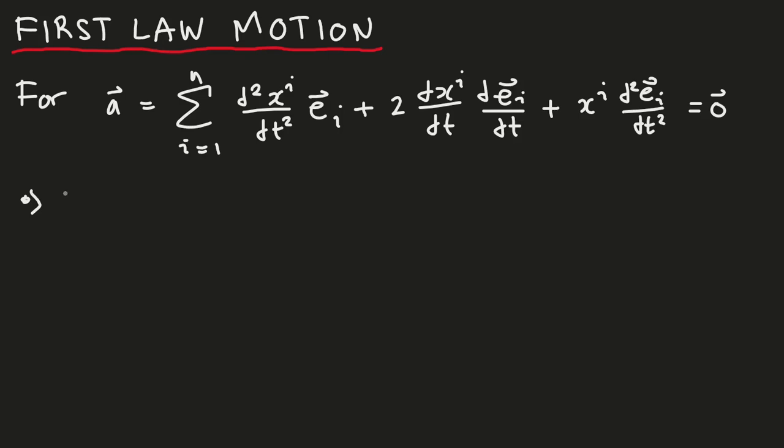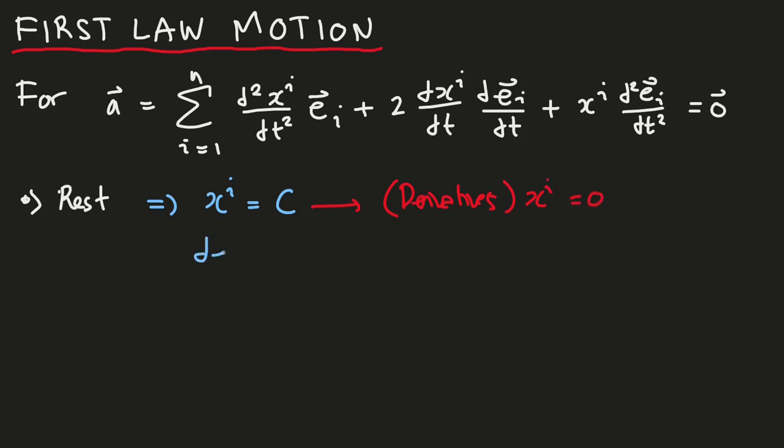Now I will divide the case of acceleration equal to the zero vector into two conditions. The first condition is at rest, where each component of the position vector is independent of time. So if the derivative operates on xi, it will result in 0. And the next is that the rate of change of the basis is a constant vector, which is time independent.